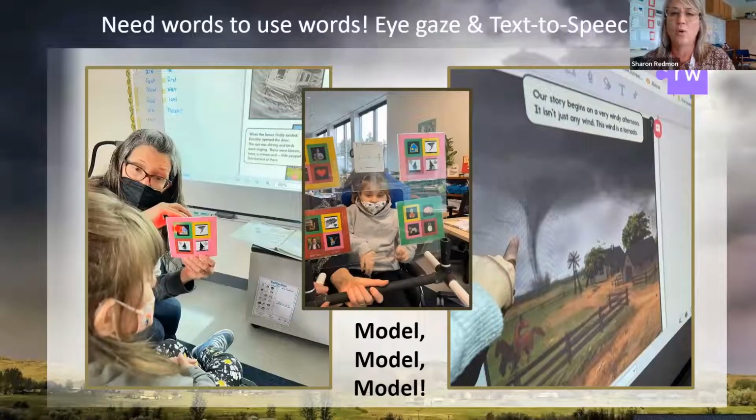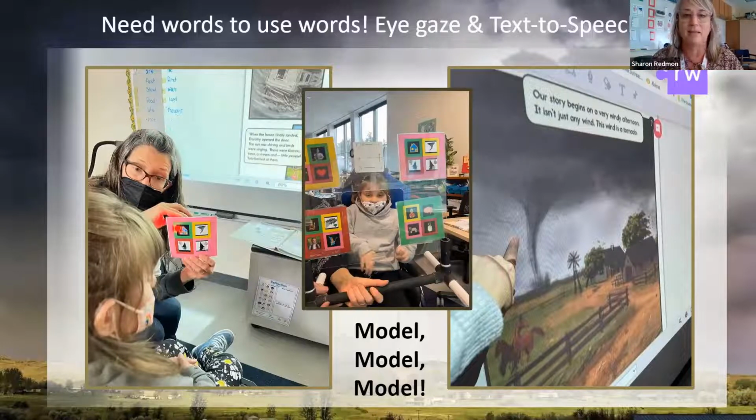So we also, for our students, want to make sure that everyone has access to the words that are contextual and within this group. So here, my friend Callie uses eye gaze. And so we're assessing her for a dynamic display device for eye gaze, but we didn't have that.